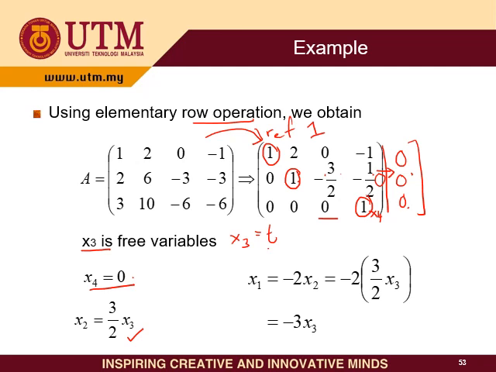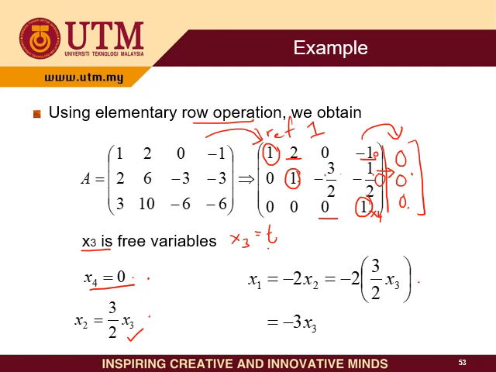Then to find x1, we move these two to the right side here. This will be 0 because x4 is 0, and our x2 is negative 2 times 3 over 2 x3.